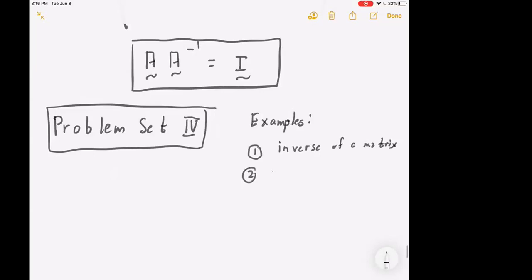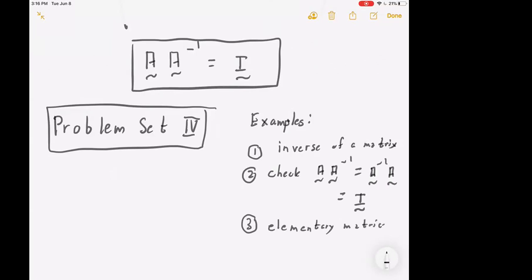You will also need to check in each one of these problems that in fact the following identity is true, because this is a way to test that you have come home successfully. And you will also have exercises dealing with elementary matrices, which we introduced as a formalism, but in practice, once we've learned what they mean, we don't really need to write them down explicitly when we go through the mechanism of calculating the inverse of a matrix.